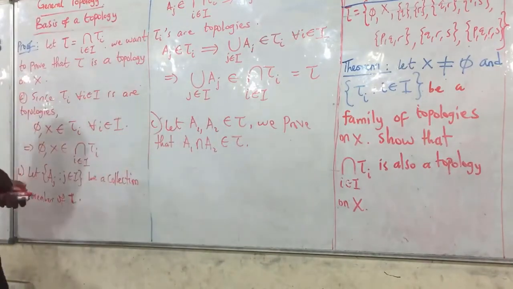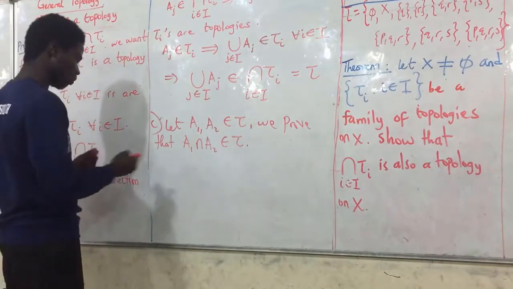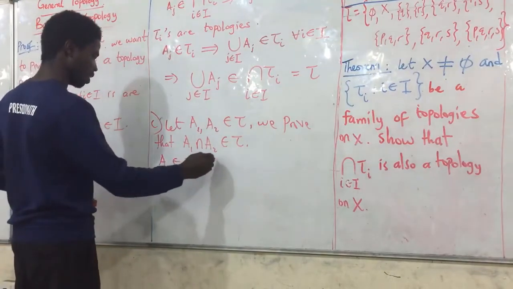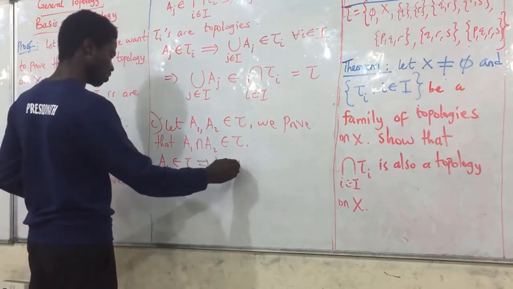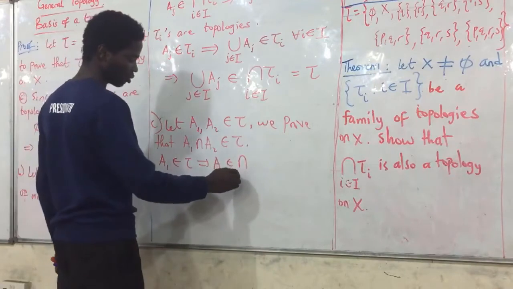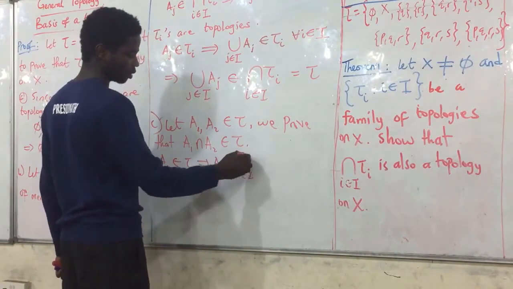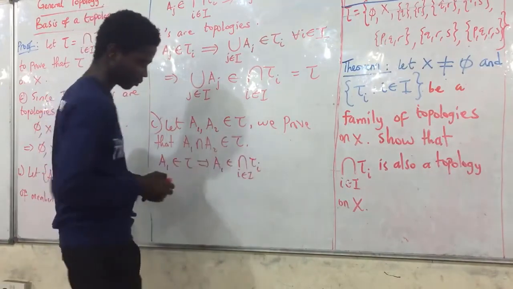Now A1 and A2. A1 belonging to the intersection means that A1 is inside the intersection over i in I of the topologies, isn't it? Yes.